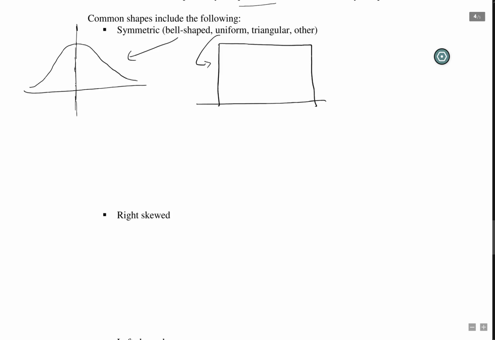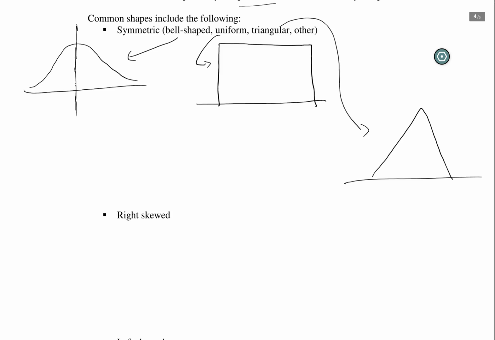We have roughly a histogram that would look roughly flat across, which would reflect that frequencies are roughly the same across all classes. Triangular, you might see something like this. It's somewhat close to bell shape, but the mode is a little more peaked here.